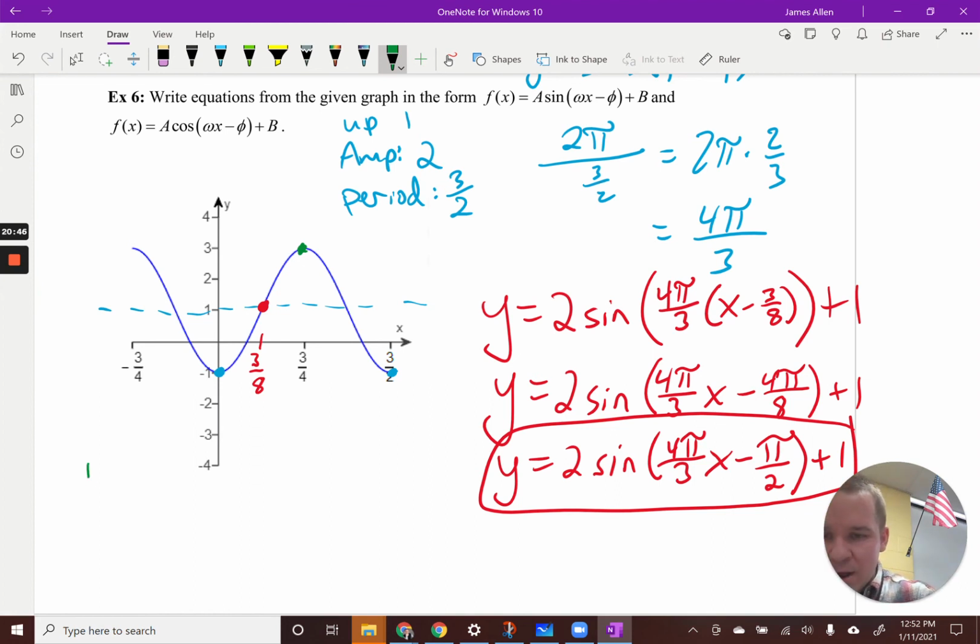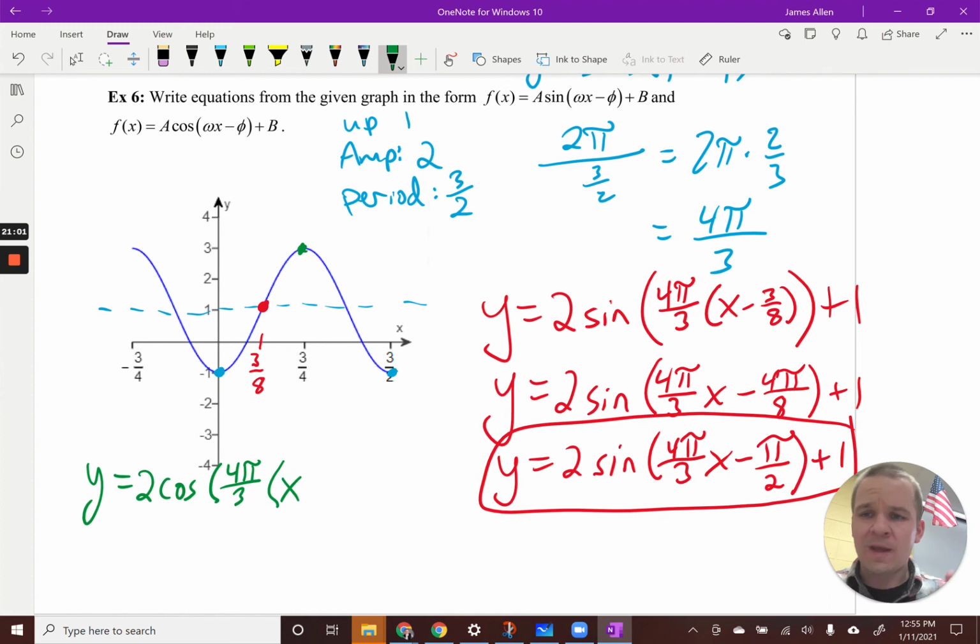For the green one, I would have y equals 2 cosine, and then 4 pi divided by 3, parentheses x. We're moving to the right 3/4, so minus 3/4, plus 1 still.